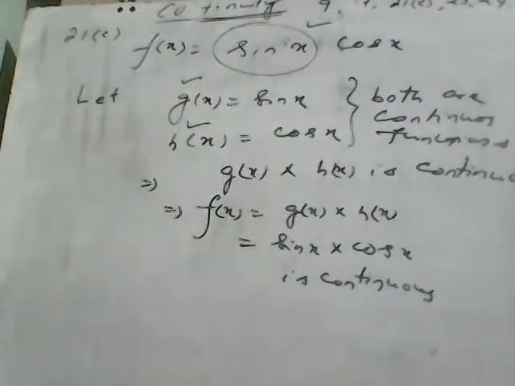You can follow this way and write by using properties. Otherwise, there is another way you can follow. For all the three, sum, product, quotient, difference, you can follow this one directly.